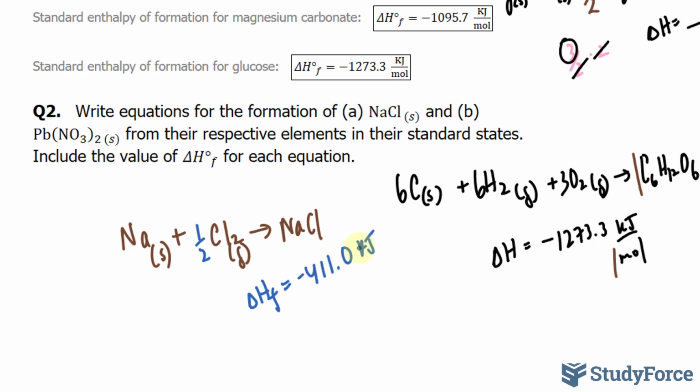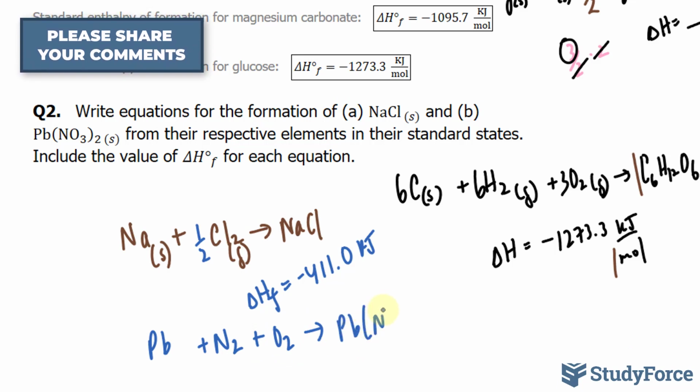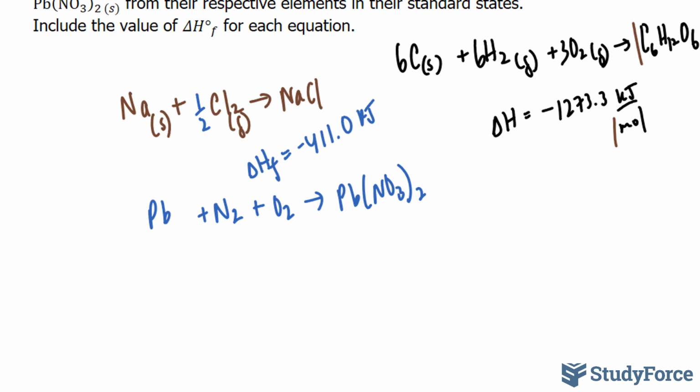And finally, we have lead nitrate, this compound. This is composed of lead, Pb, plus nitrogen, a diatomic molecule, plus oxygen, forming Pb(NO3)2. Balancing this, we don't put anything in front of N2 because there are 2 on the right side.